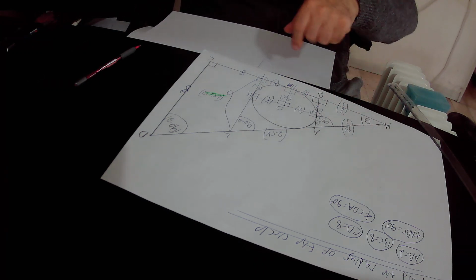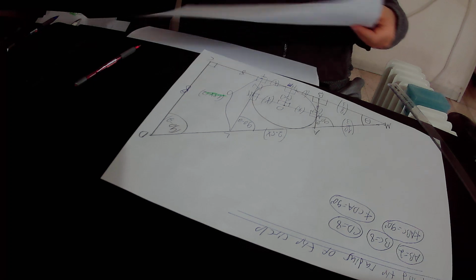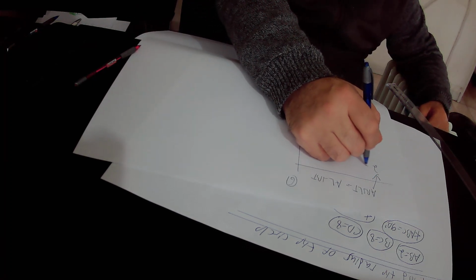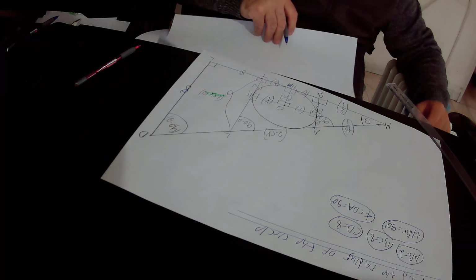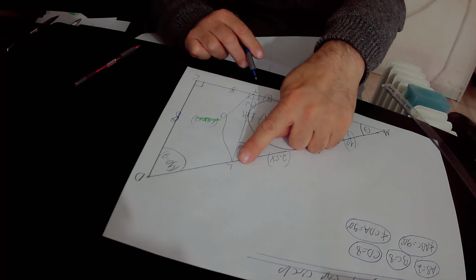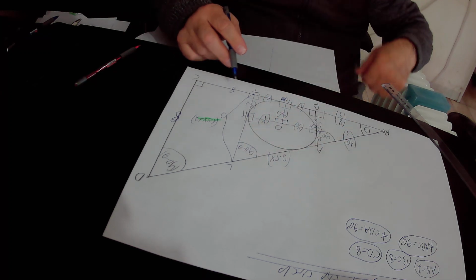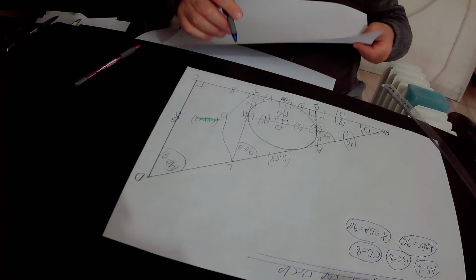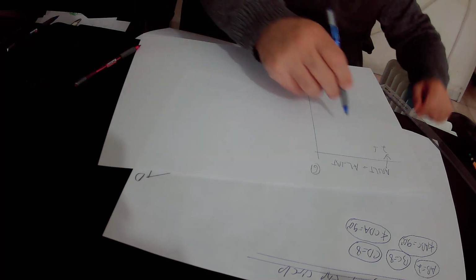AB equals 2, therefore we substitute AB by 2 plus LT. LT, this line segment, equals 2 plus 1.5x, so we substitute LT by 2 plus 1.5x.